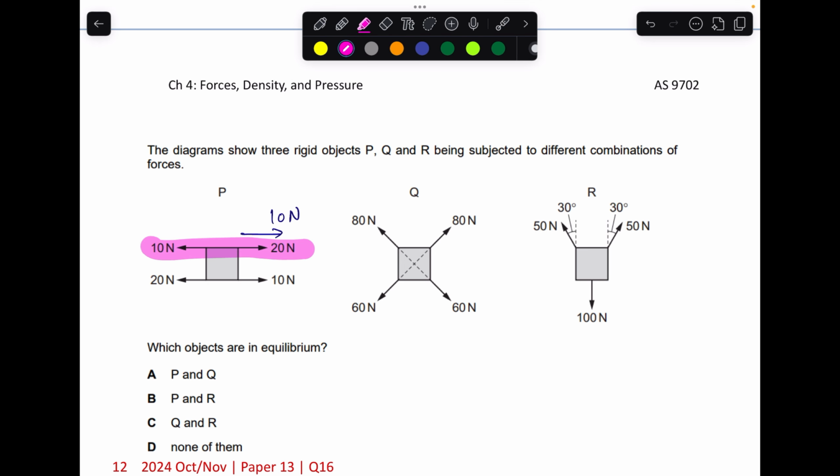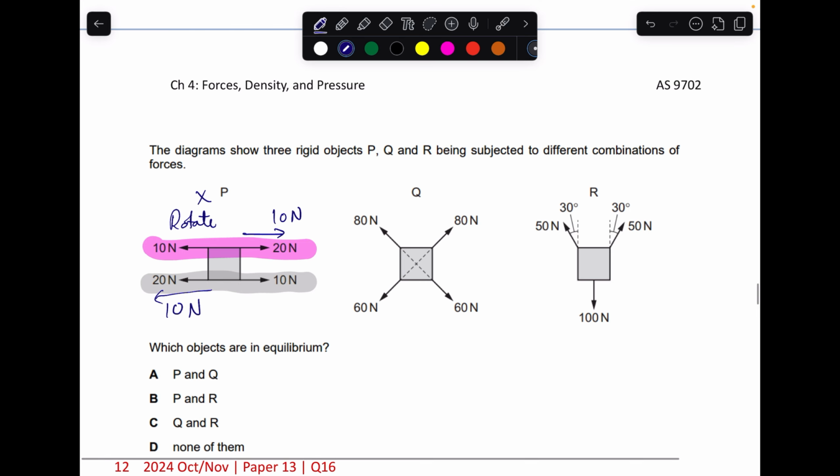If I simplify these two forces, it will give you 10 in this direction. Okay, so it will not move, but it will rotate. So there will be a couple produced on this thing. So this thing is not in equilibrium. Okay, it will start rotating.